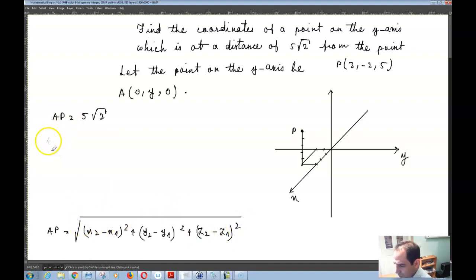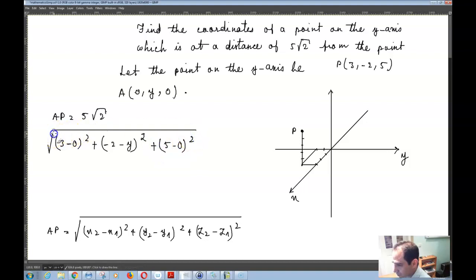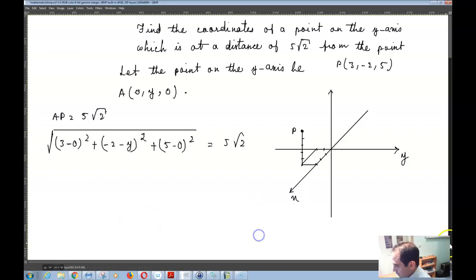So AP would be the square root of, I take these 2 points, for example, (3 minus 0) whole squared plus (negative 2 minus y) whole squared plus (5 minus 0) whole squared. This distance is equal to 5 square root of 2. So let me simplify this first.